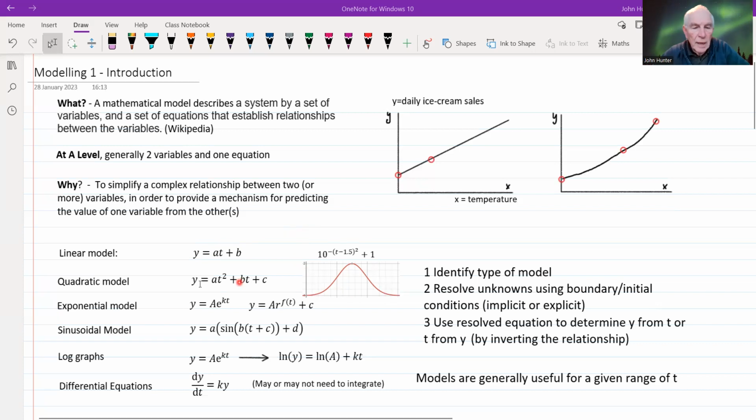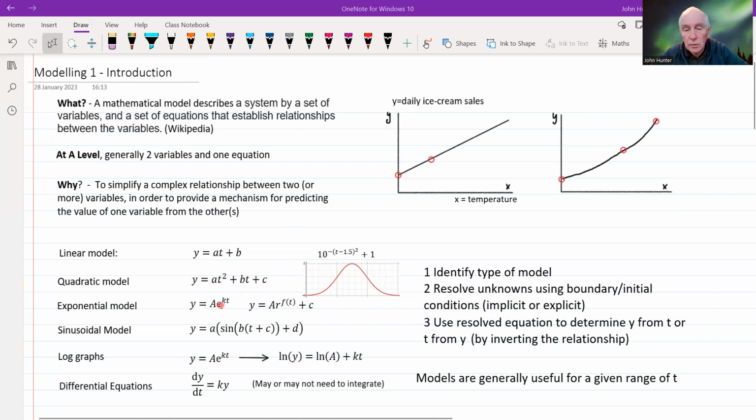There are different things that we could use to model. One is a quadratic. So it would be something of this form. Now here we've got A, B, and C, so we've actually got three unknowns here. So we would probably need three boundary conditions in order to resolve these. But we could use that.